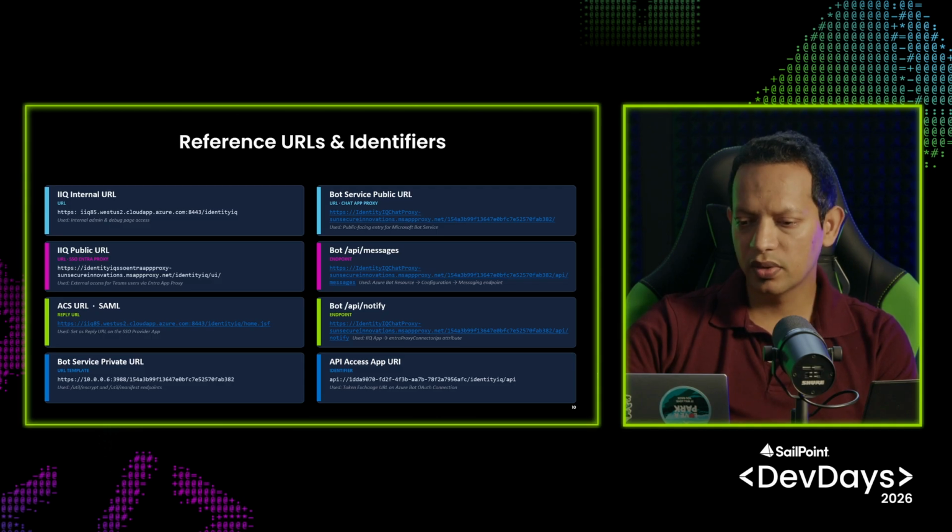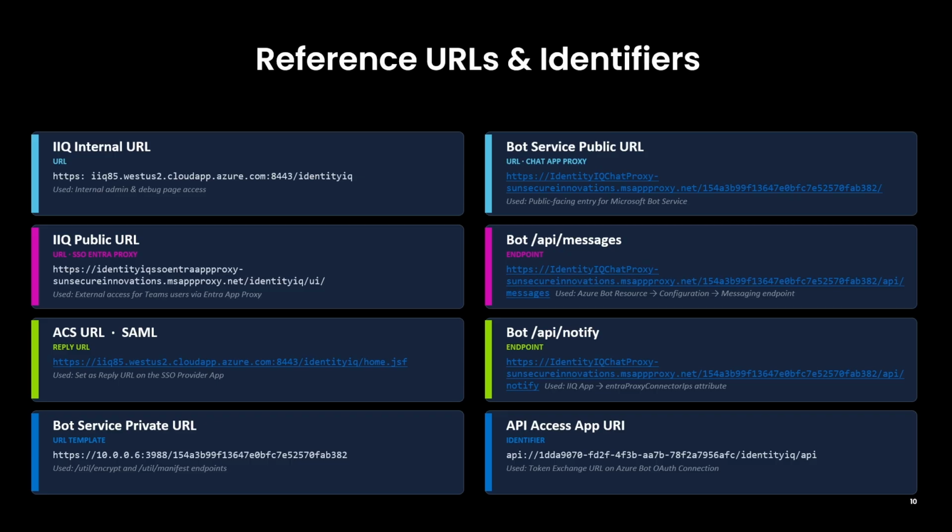The API access URI, if you look at the format, is API, then the app ID of the API access app in Entra, and then the API. So some of these are static and don't change, and the rest are where you fill in based on how your environment is set up.